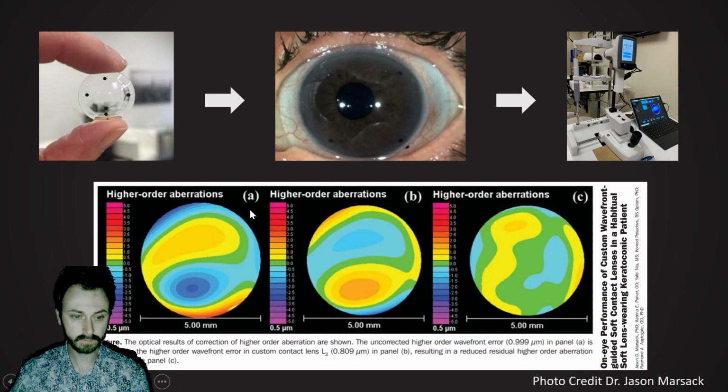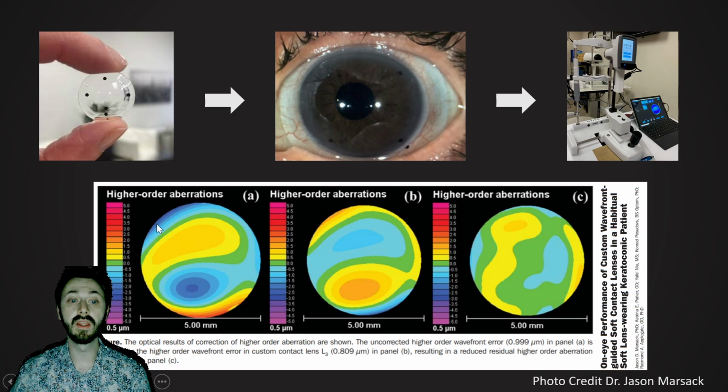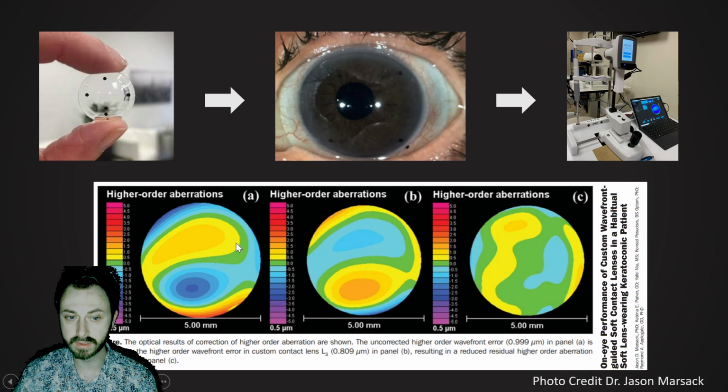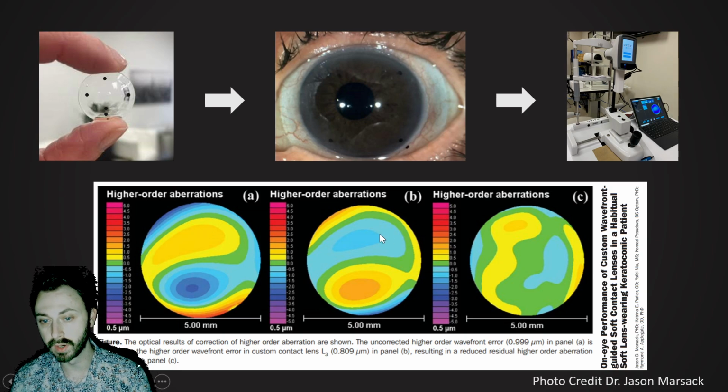So this photo on the left is showing the higher order aberration measurement in a traditional, regular scleral lens. If you look at the actual lens power profile, this is reversed from this. So all of these hotspots in the wearable lens are then reversed in the wavefront guided power profile.